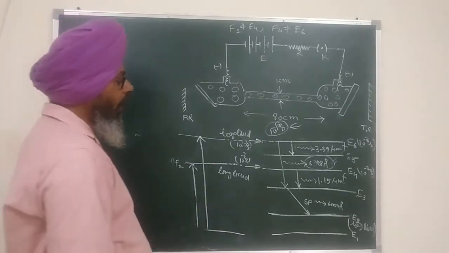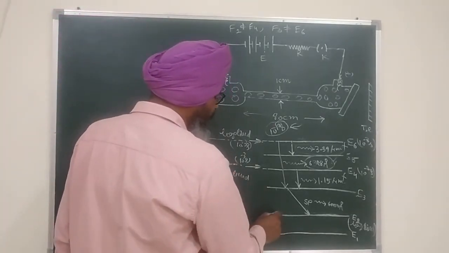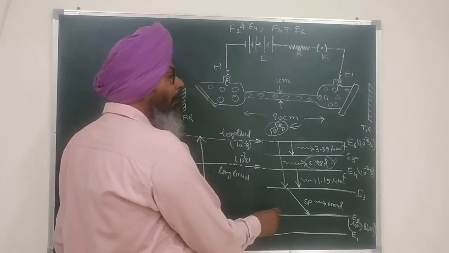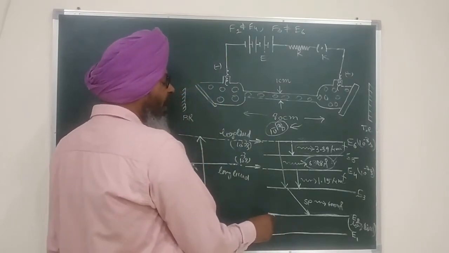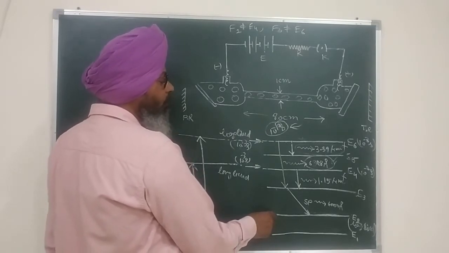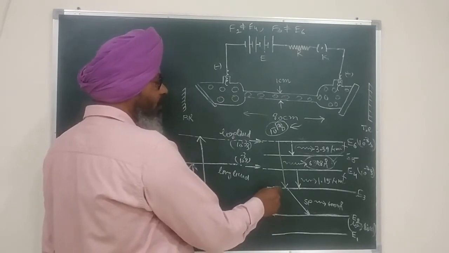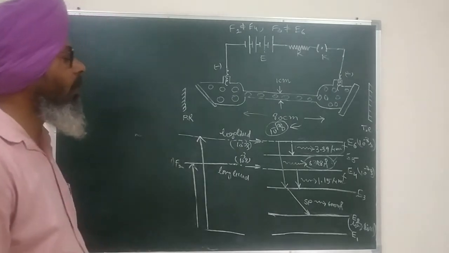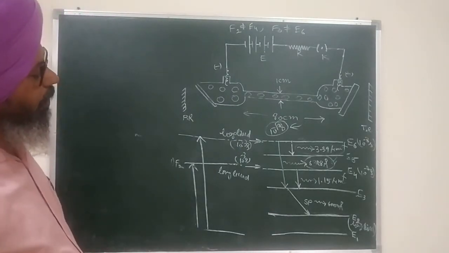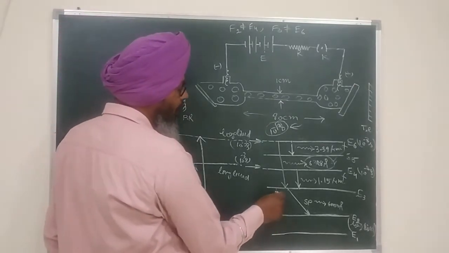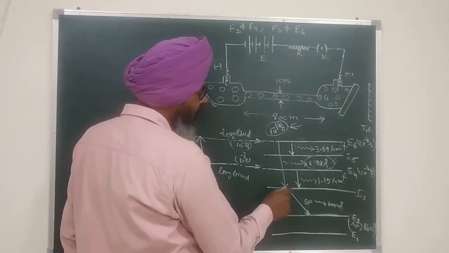And if the number of atoms grows, we have seen that absorption is directly proportional to the number of atoms in the lower state, and emission is directly proportional to the number of atoms in the excited state. For that you can refer to my previous lecture in which I discussed Einstein's theory of radiation. So out of these two levels, this one is the lower, this one is the higher.